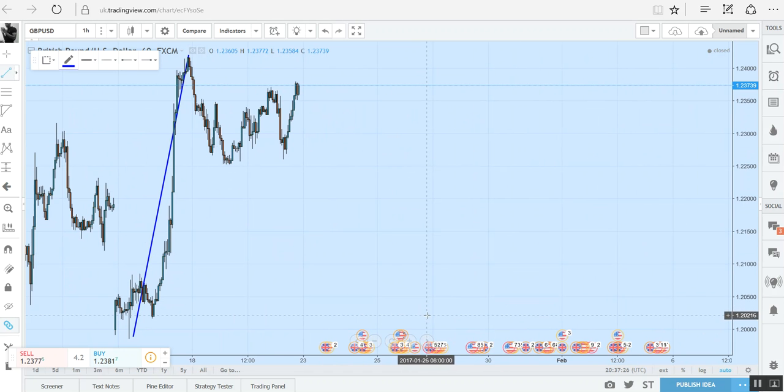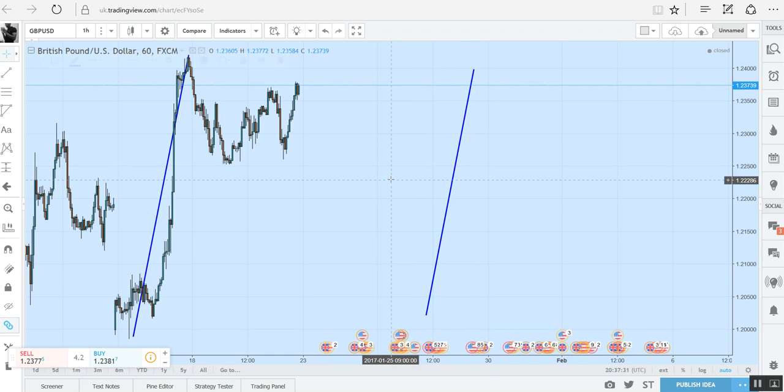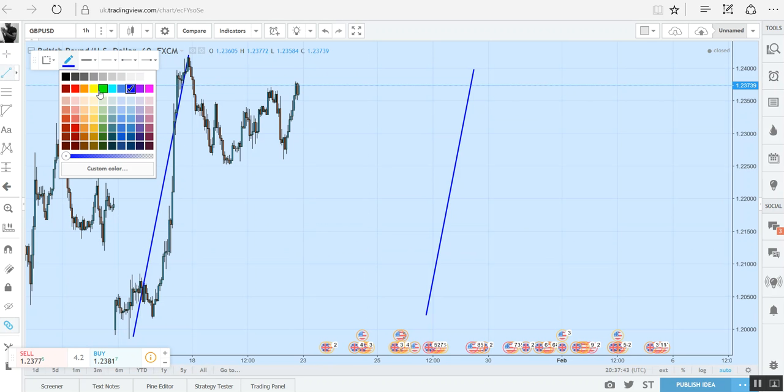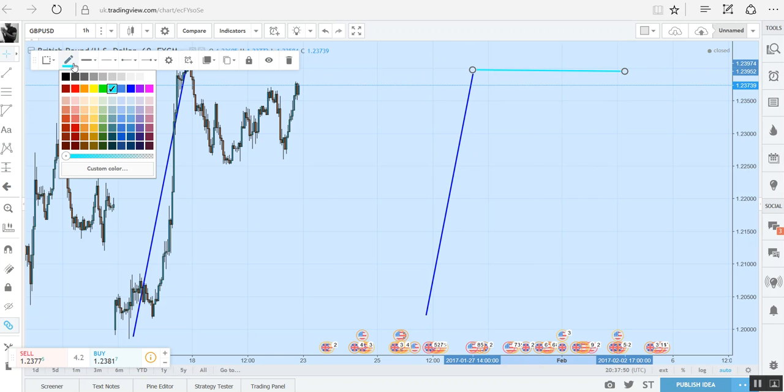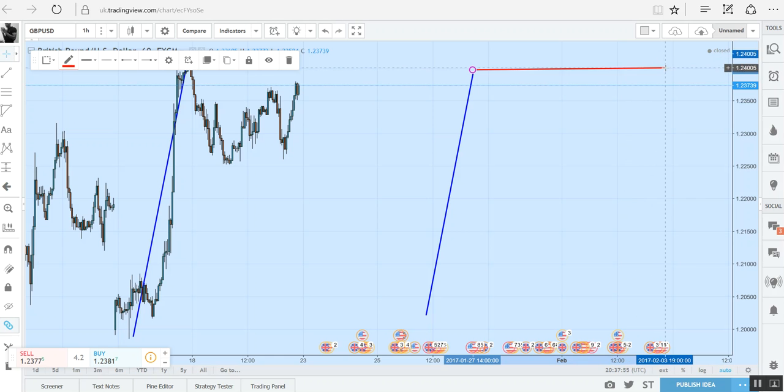So the first way is, after we have the impulse leg, the market is likely to do something that is called a bullish rectangle in this case. I just showed you an example of a bearish rectangle. So let me try to explain this properly to you guys. I'm just trying to draw a channel with this red line. This is a channel that I'm drawing.